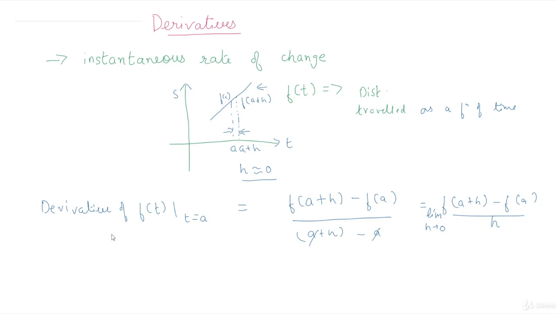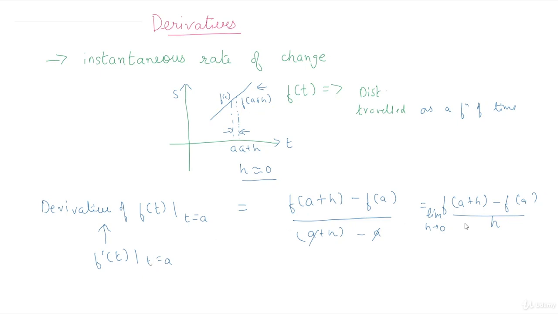Also, there is one more way of denoting the derivative mathematically, that is f prime t, at the point t equal to a. So this is a mathematical way of writing a derivative. This is the derivative of this function f of t at t equal to a, right?